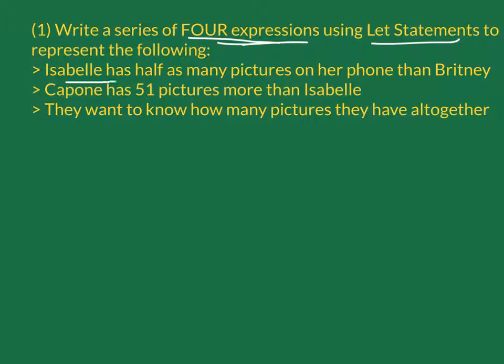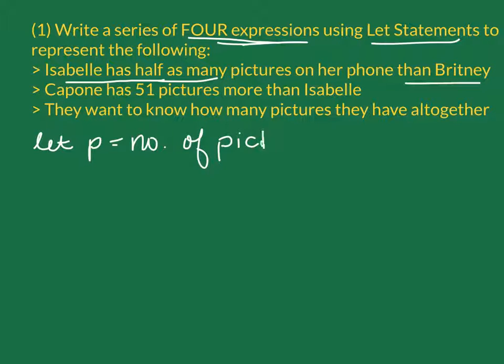So first thing it tells us, Isabel has half as many pictures on her phone than Brittany does. So that means the first one that we don't know would be Brittany. So I'm going to say let P equal the number of pictures Brittany has.